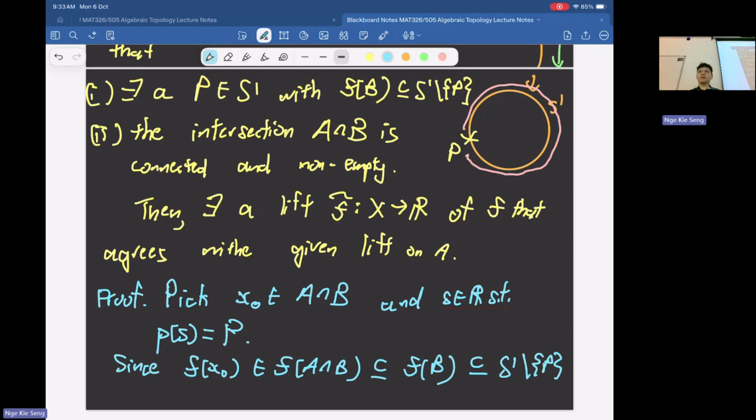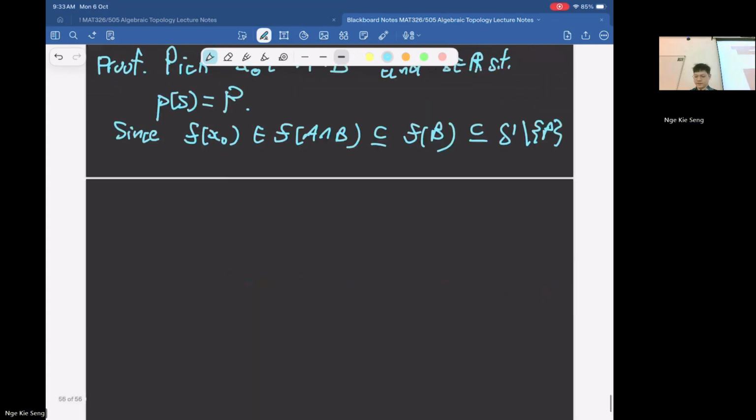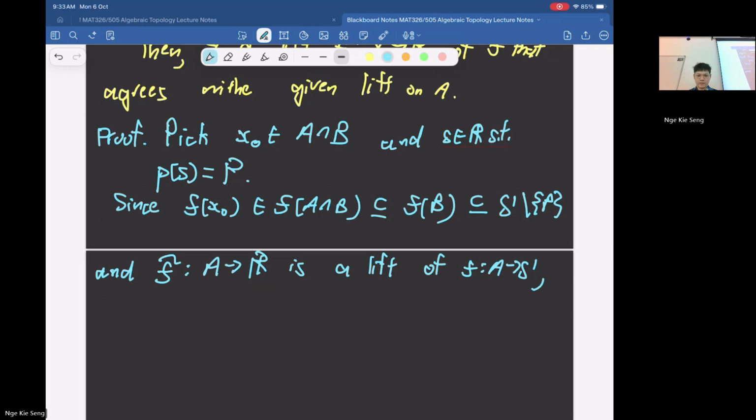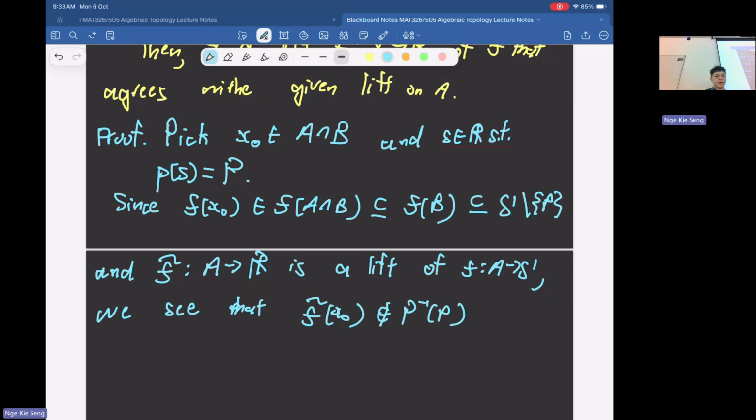And F tilde on A, let's call it the lift of F at the moment. Then together we would see that F tilde of s naught actually doesn't live in the p inverse of P. Let's see if this makes sense.